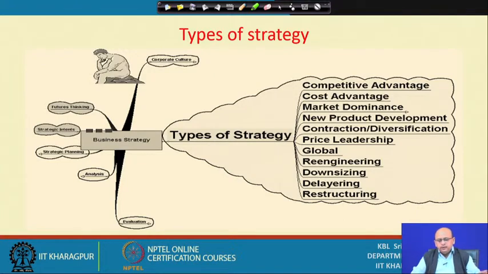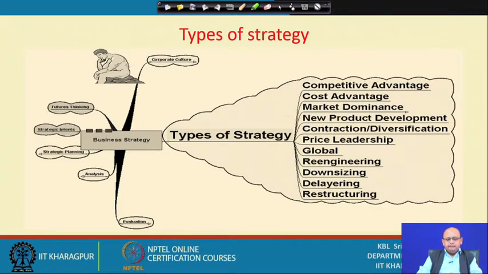Now, moving further, here you can see something where we talked about the various kinds of strategies in general which organizations adopt to compete, right. They adopt different kinds of strategies in order to ensure that they achieve competitive advantage. This could be in terms of cost, market strategy, new product development, going for expansion or diversification.